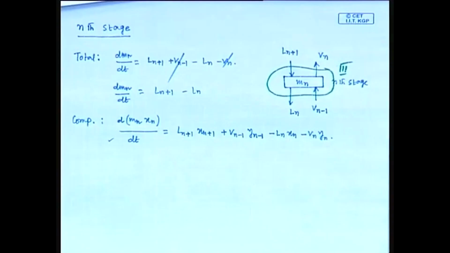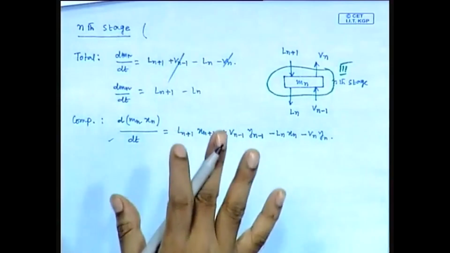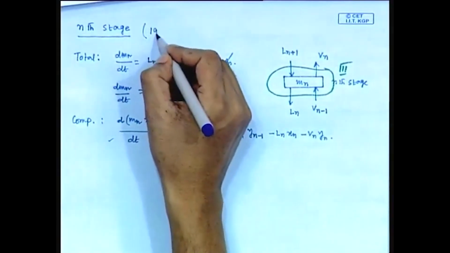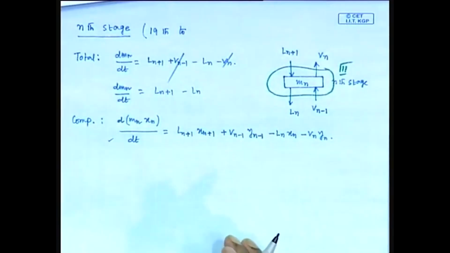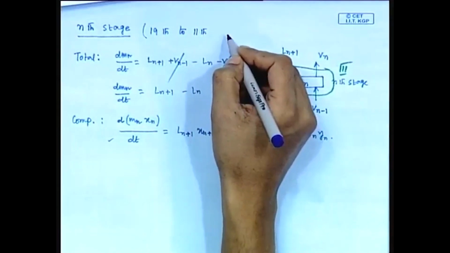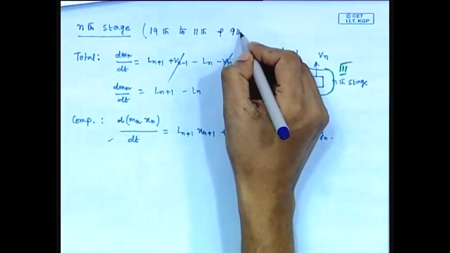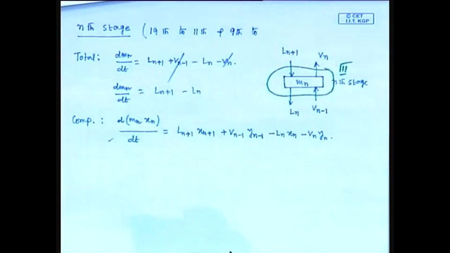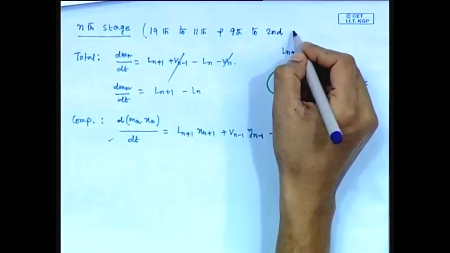So, what will be the nth stage basically? Nth stage is basically just below the top stage, that means 19th, to above the feed stage, that means 11th stage, and below the feed stage, that means 9th stage, to above the bottom stage, that means 2nd stage.